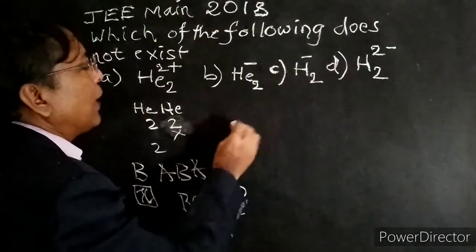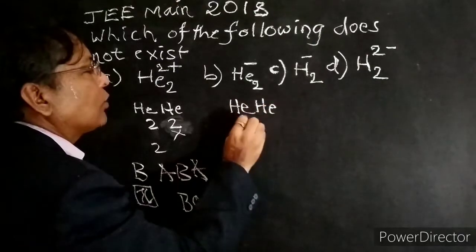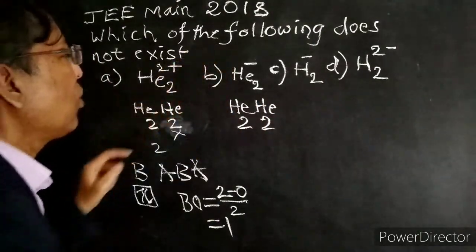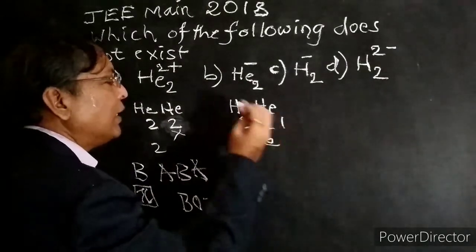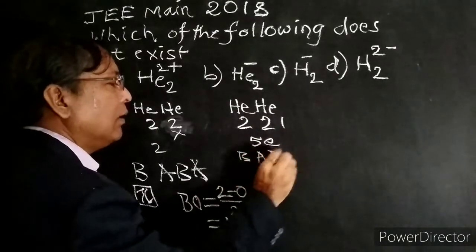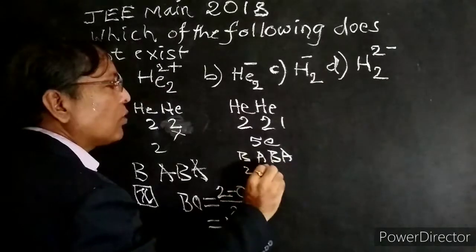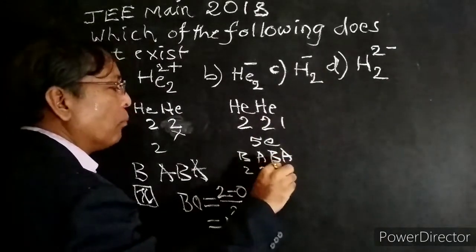Now, He2 minus. Here each helium atom has 2 electrons, but this helium molecule has gained 1 electron. Therefore, we have to add 1 electron. Therefore, there are totally 5 electrons. So, we have to distribute these 5 electrons by the Aufbau rule. 2 electrons enter here, 2 electrons enter into anti-bonding and 1 electron comes in bonding.